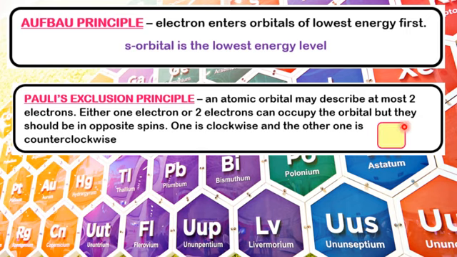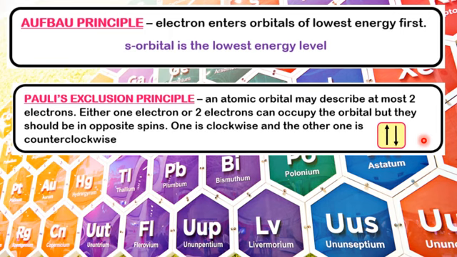These boxes represent the orbital, and each orbital can have a maximum of 2 electrons, so we write the electrons inside with opposite spins: clockwise, represented by arrow up, and counterclockwise, symbolized by arrow down.